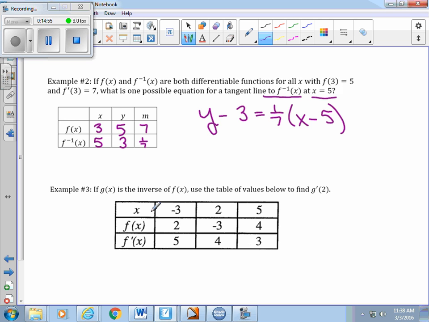It's not a calculus rule or anything. It's just a way to organize switching x and y and changing the slope to the reciprocal. So if you like it, write it down. If you still use your note cards, you might put it on a note card.